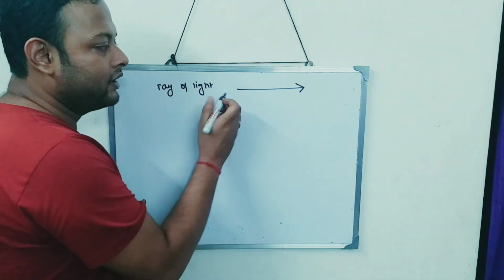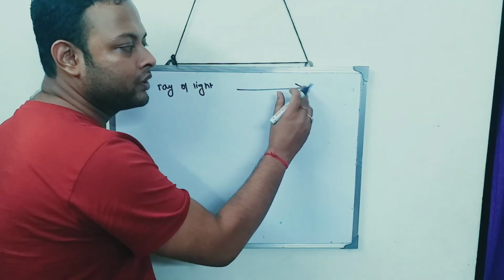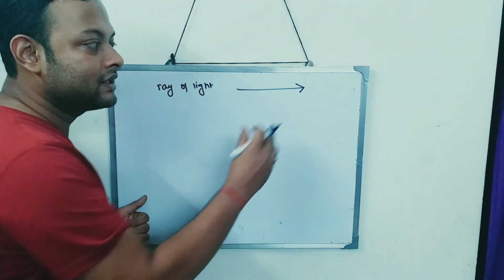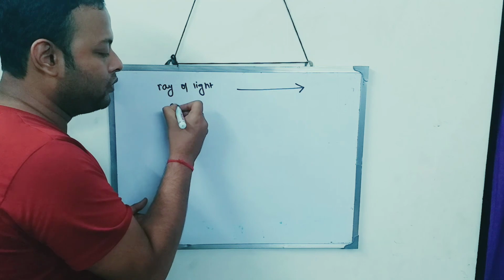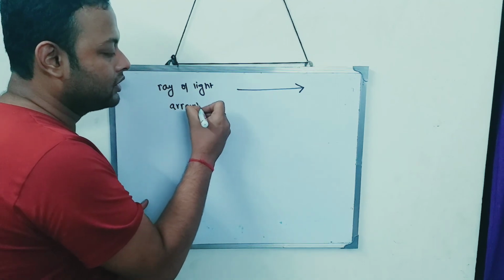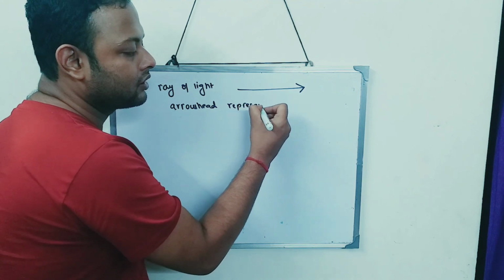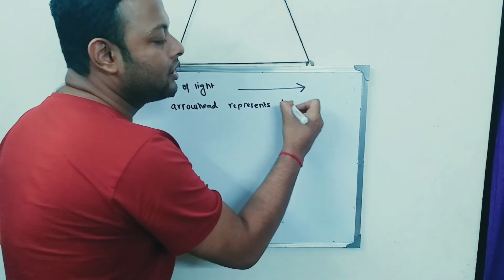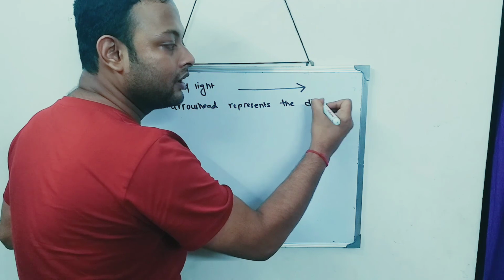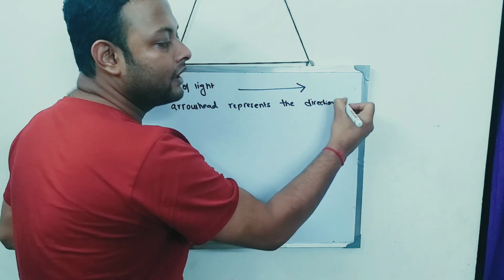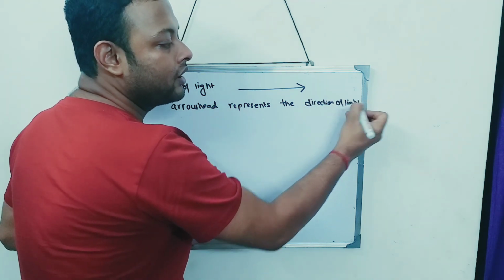So a ray of light is indicated by a line with an arrow. This arrowhead represents the direction of light. So it is very important that you represent the arrowhead.